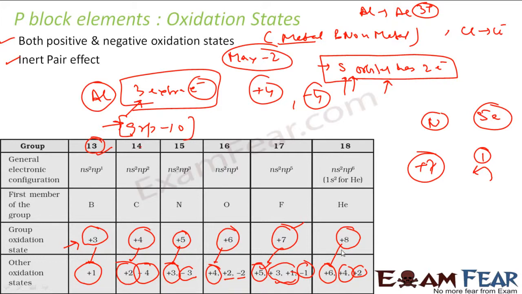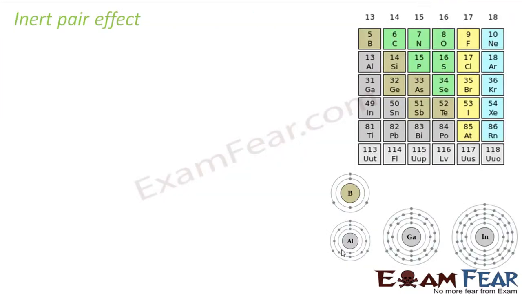So let's talk about the inert pair effect, which I discussed just now. As I told, the maximum oxidation number can be group number minus 10 for all these 13, 14, 15 or p block.